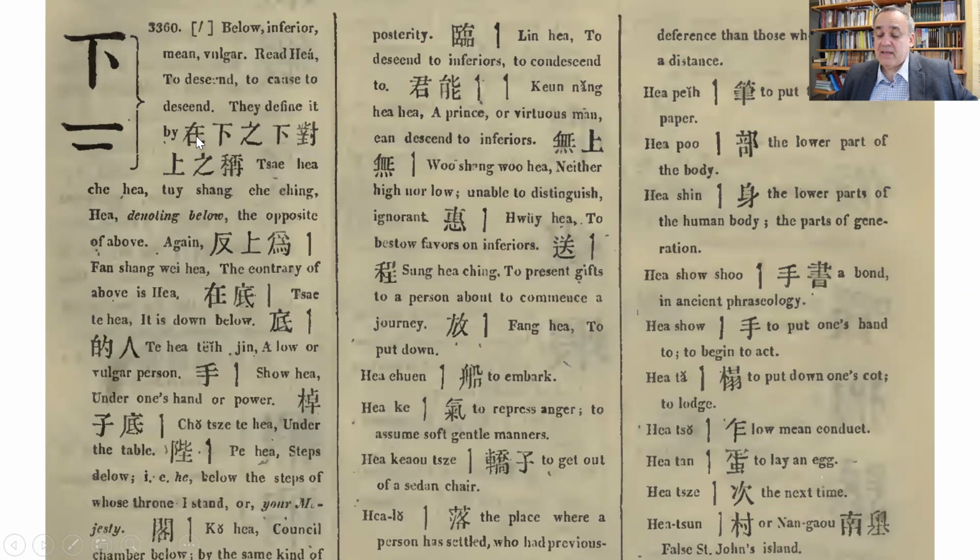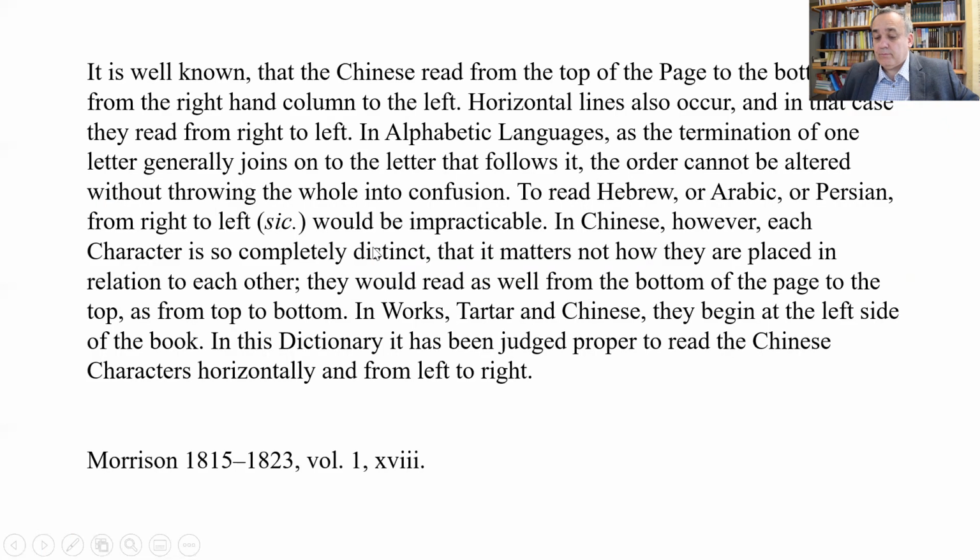So here, for example, you have 反上为下. So here, the translation is the opposite of above. So 下, denoting below, the opposite of above. This kind of arrangement is very obvious in a dictionary, and it wasn't entirely intuitive at the time, because Morrison felt the need to explain this.